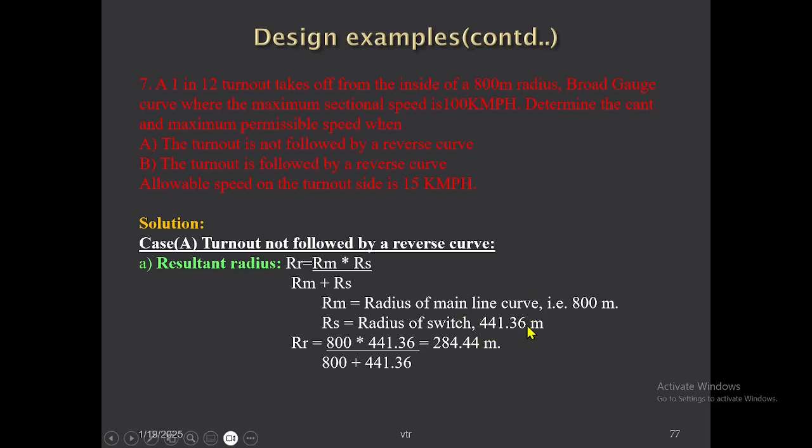Already I have displayed this, 441.36 is for the 1 in 12 lead curve, the turnout curve. Since the main line is bending inside with 800 meter radius curvature, the turnout also has to follow the same curvature. Since it's bending on the same side, it will become further sharper. The resultant radius now becomes 284.44 meter.